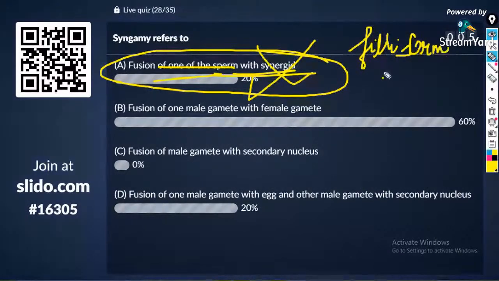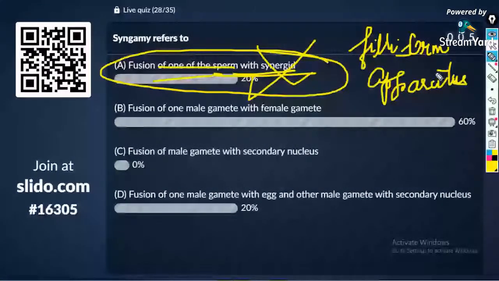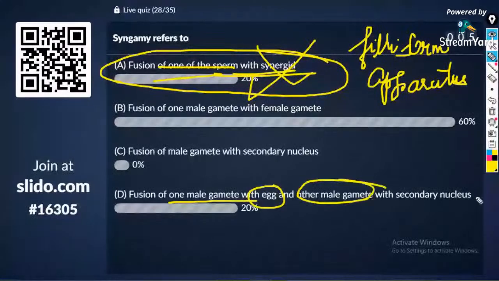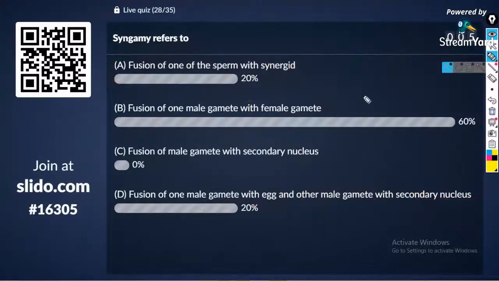It is the fusion of a male gamete with a female gamete, referred to as syngamy or fertilization. Next question on the screen.